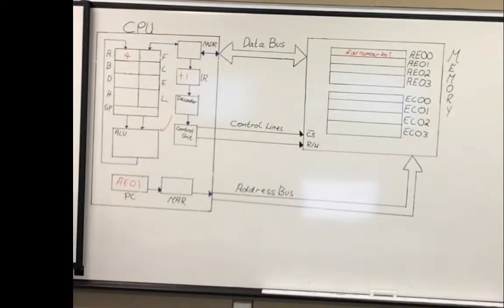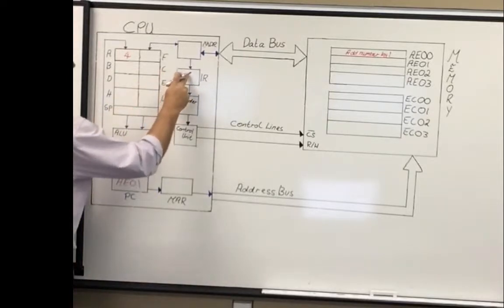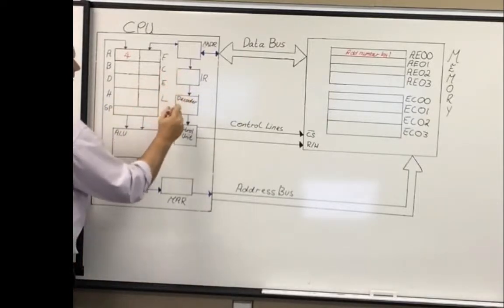Step 2 is decode the instruction. And as it says in your work booklet, the processor decodes the instruction stored in the instruction register. Here the circuitry figures out what the instruction actually means. So it goes from the instruction register into the decoder.